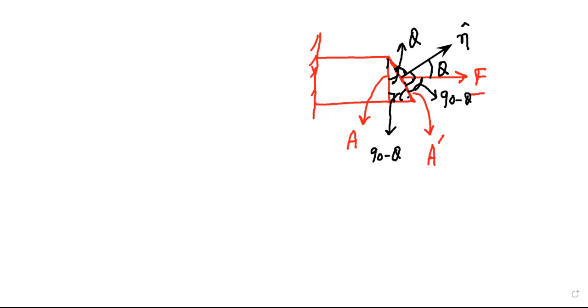This total angle is 90. This angle is 90 minus theta. This angle and this angle are alternate angles, therefore this angle will also be 90 minus theta. This angle is 90, therefore this angle will be theta. Therefore, we can draw this diagram properly here. This is our slanted area.